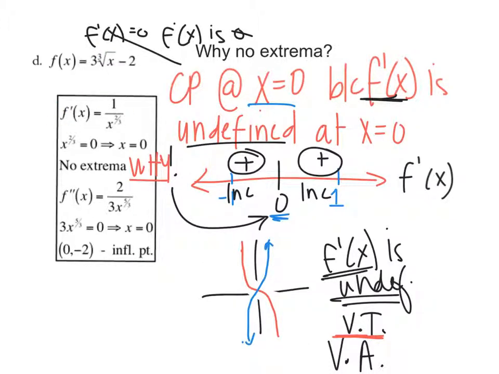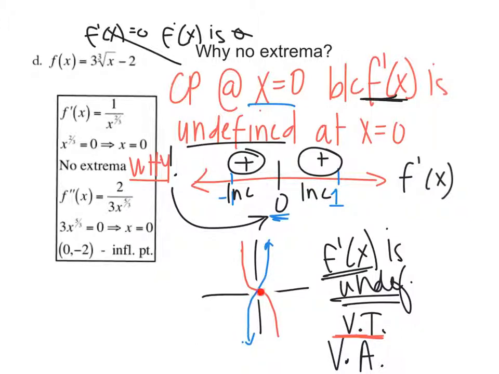So now let's talk about points of inflection. F prime of x is undefined, which means that either we have a vertical tangent or a vertical asymptote. This particular graph, as we saw, doesn't have a min or a max, but it is always increasing.